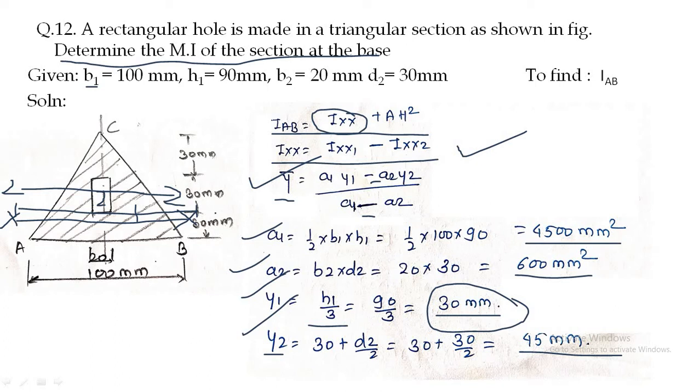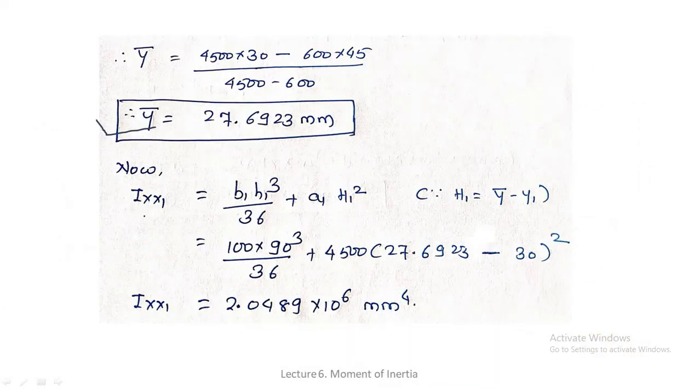Its central axis is parallel to the central axis of the whole plane, so we have to use the parallel axis theorem. Using that, Ixx1 is equal to b1 h1 cubed upon 36. Again, why have we used b1 h1 cubed upon 36? It is the formula of the moment of inertia about the horizontal central axis of the triangle.